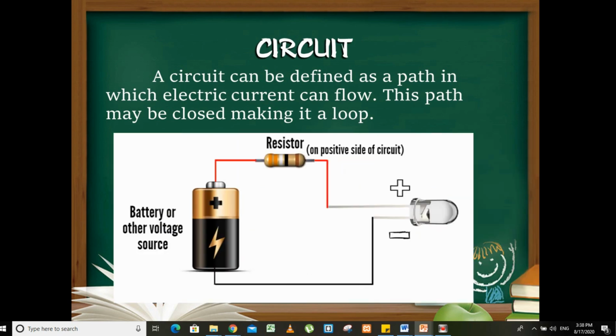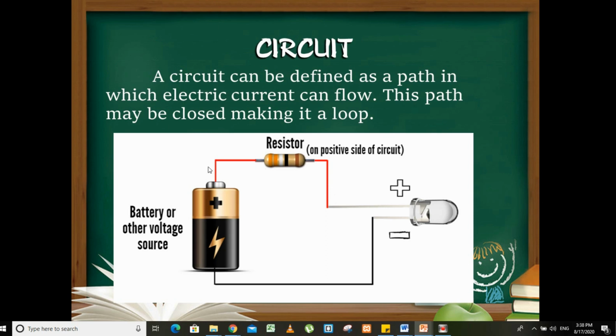From my diagram here, we have a resistor connected to an LED and connected to a battery. These components are connected to one another, thereby making electric current flow from the battery down to the resistor to the LED. Without this path, they cannot reach one another.